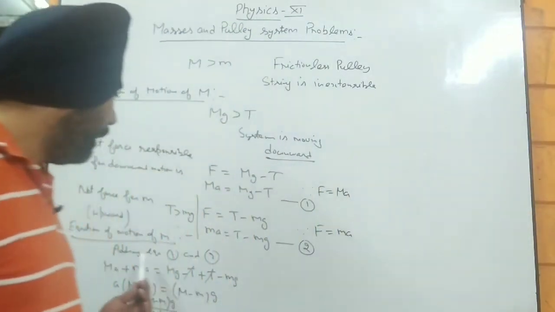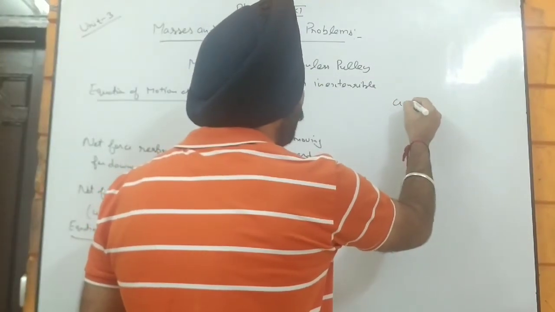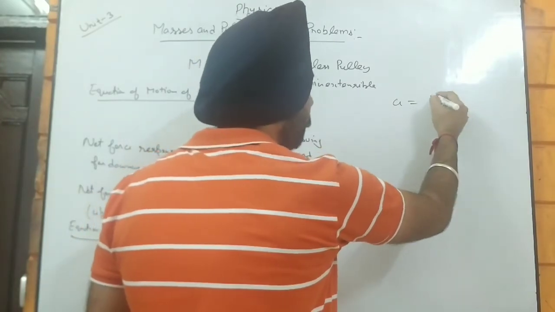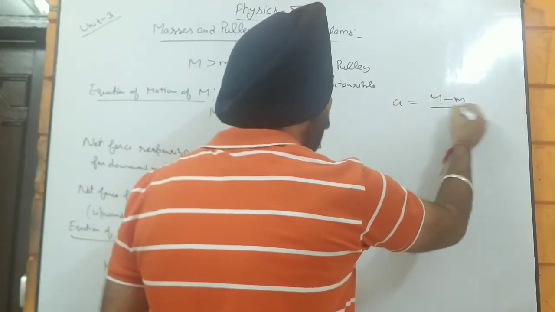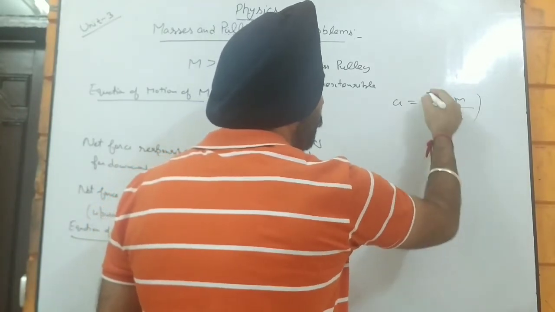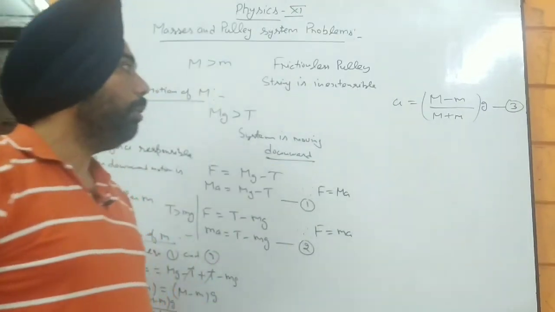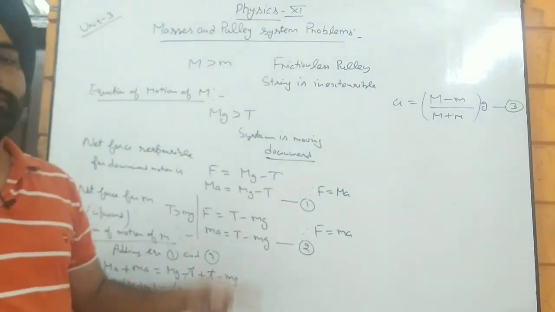From that equation, adding equation 1 and 2, we have the value of a now. The value of a is, capital M minus small m is going to be equal to capital M plus small m into g. That should be marked as equation number 3. Now you can put that value in equation 1.